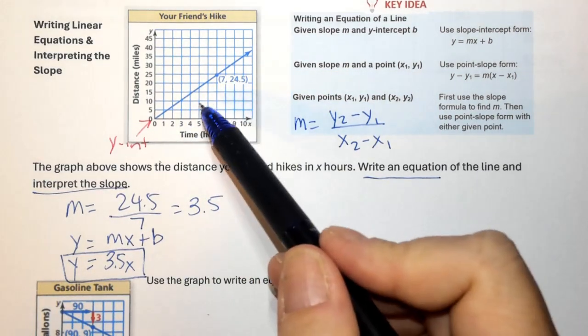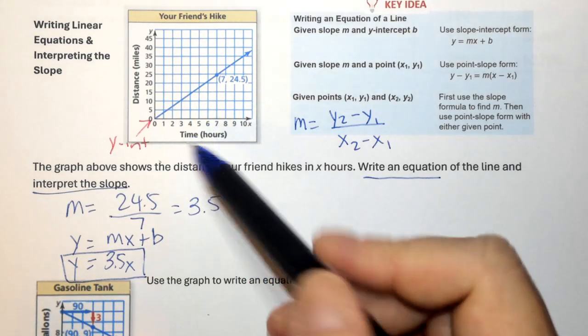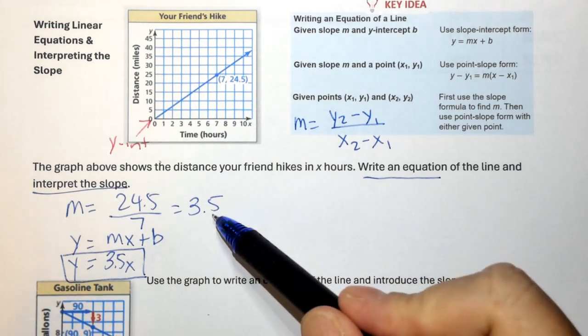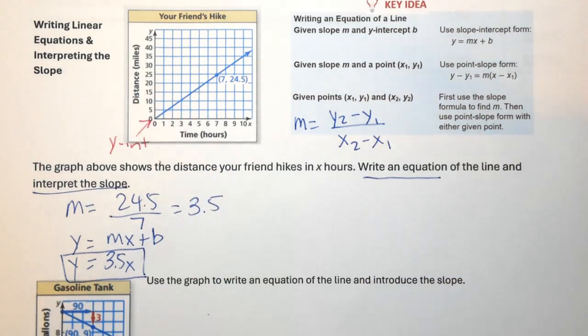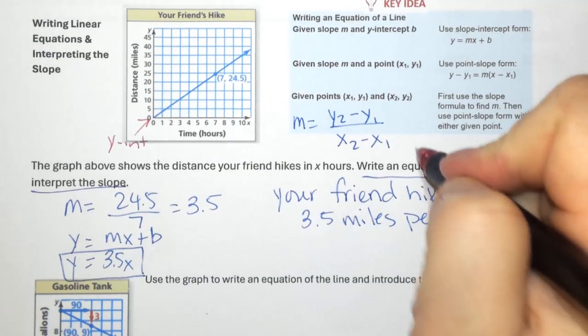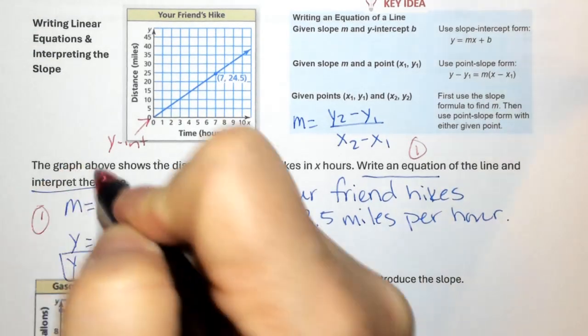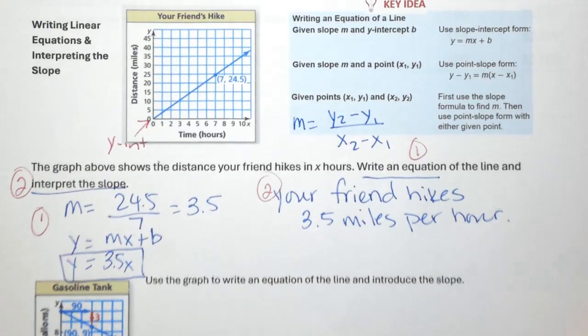That happens to work out nicely for us. So we're able to say that our friend hikes 3.5 miles per hour. All right, so that's our interpreted slope. Make sure that you are doing both things. We wrote our equation, that's right here, and we interpreted our slope, and that is right there.